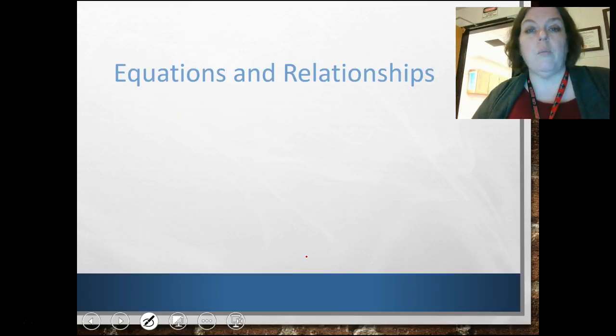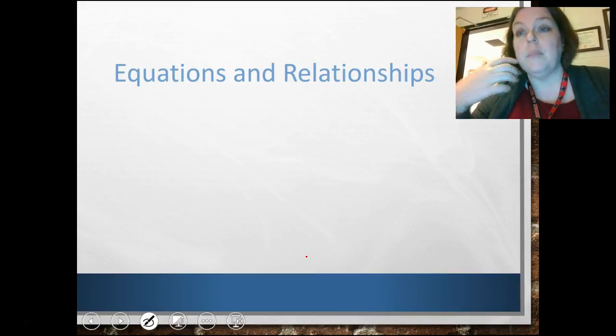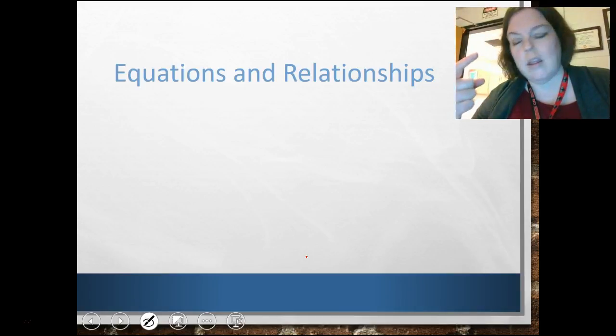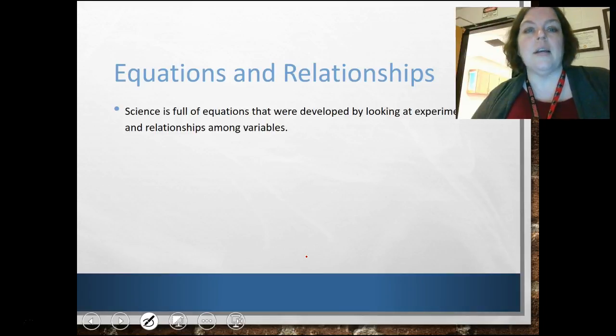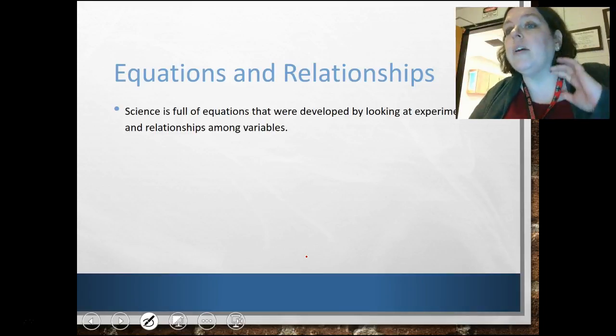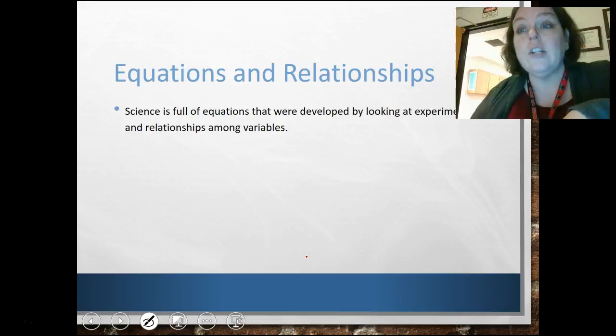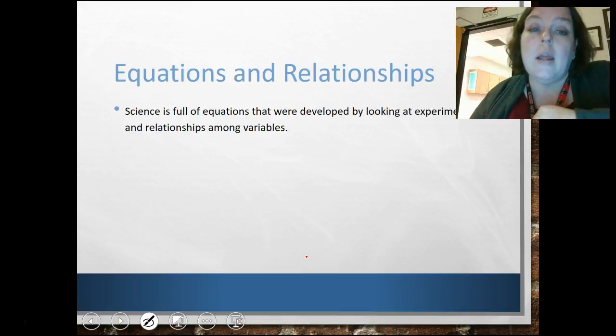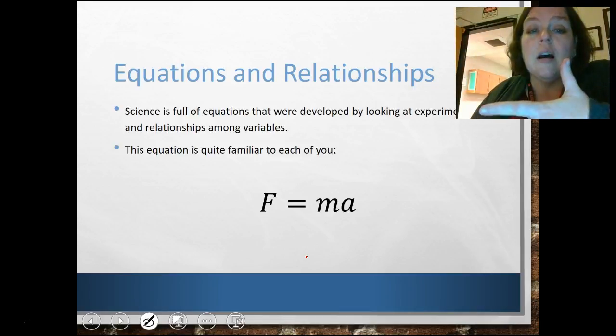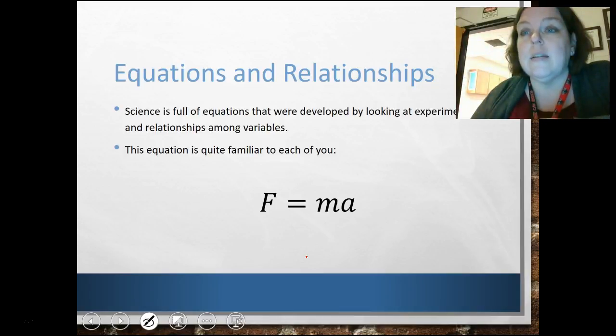So the other thing that we need to talk about are the relationships and equations that we dealt with today. So I want to talk about a whole other equation for just a second, because I want you to see where I'm at in this whole process. So science is full of equations that were developed by looking at experimental data. And actually your freshman year, if you had a pretty decent teacher, you saw this demonstrated.